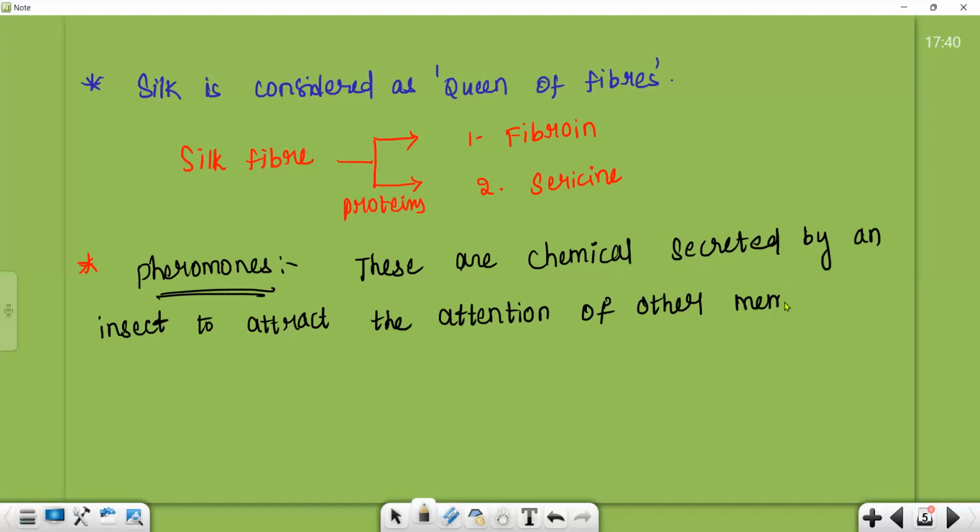Other members of it. Ma'am, and also they make sounds, right? Yes, they will. During rainfall, they used to dance. They make sounds, they dance. Ma'am, why do they like the rainfall?